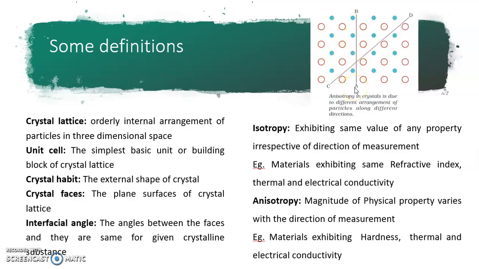So if you have the measurement along the path AB, then you are encountering only the blue dots. But if you measure along this direction CD, then what you are getting is alternate arrangement of red and blue dots. So this way you get the difference in the properties of measurement, so that is referred as anisotropy.